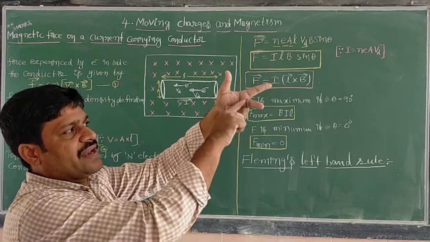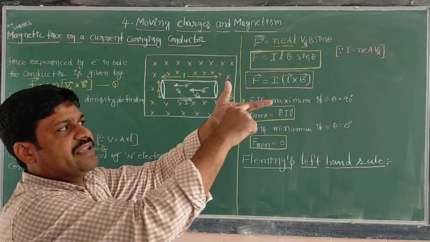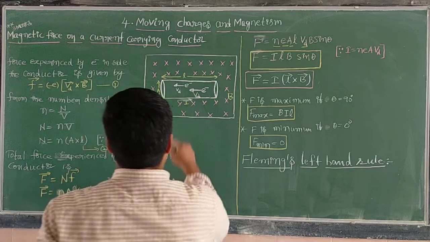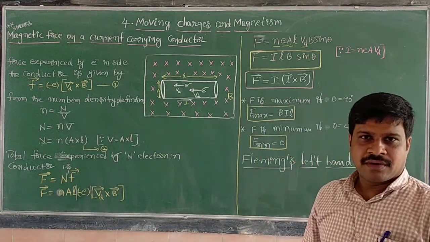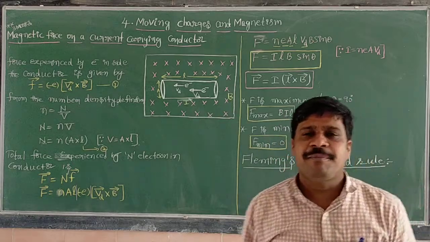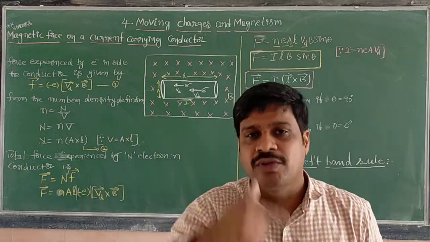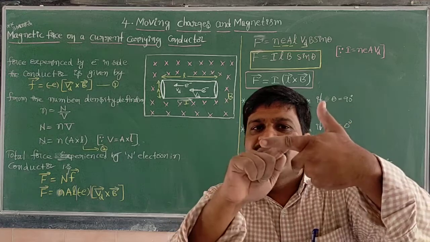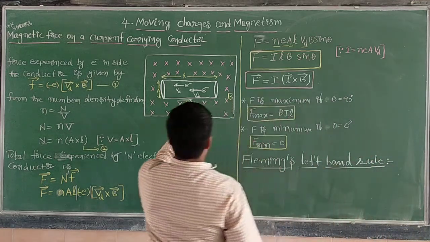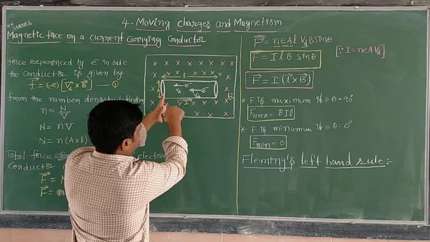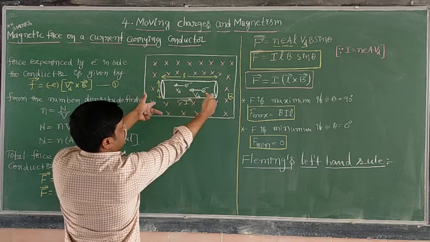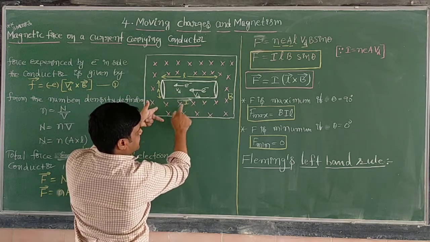If a current carrying conductor is placed in a magnetic field, it experiences a force. Now the same thing we will apply here. First, what is the direction of the magnetic field? The direction of the magnetic field is inward to the pole. Inward to the pole means the four fingers we have to put inward to the pole, like this. Next, the current direction. If the electrons are moving in this direction, the current direction is like this.